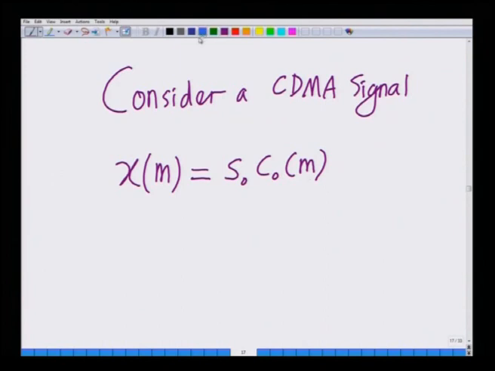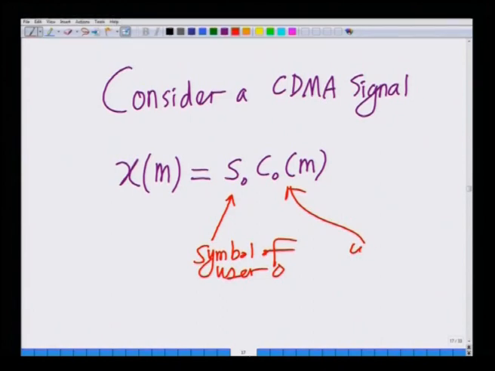Let me illustrate the two components here. This is the symbol of user 0, this is the code of user 0.